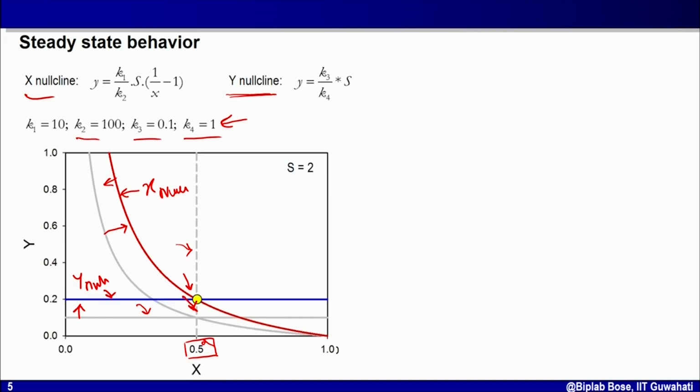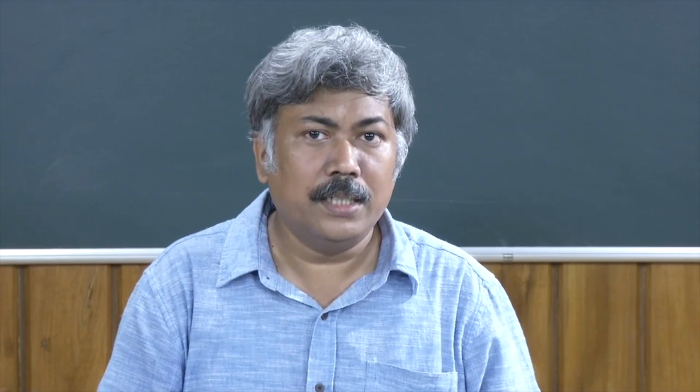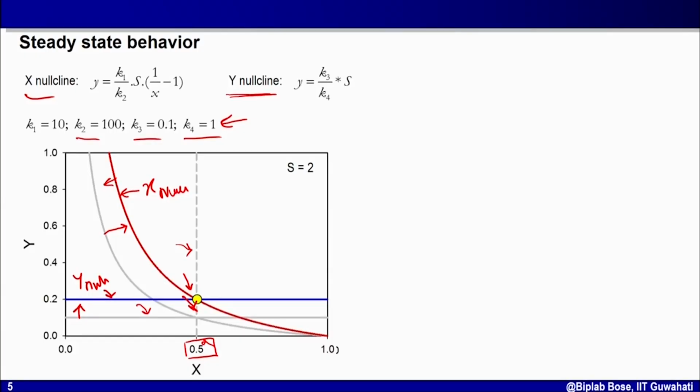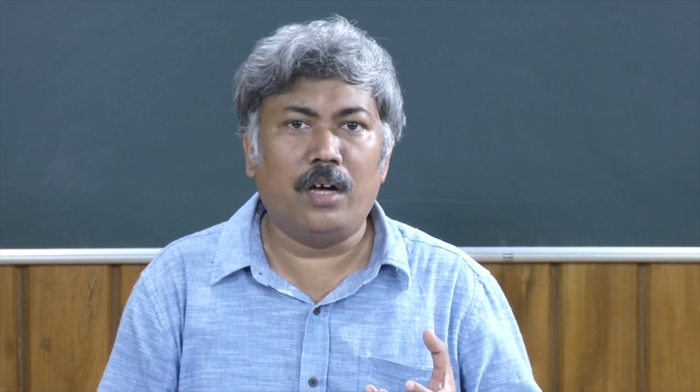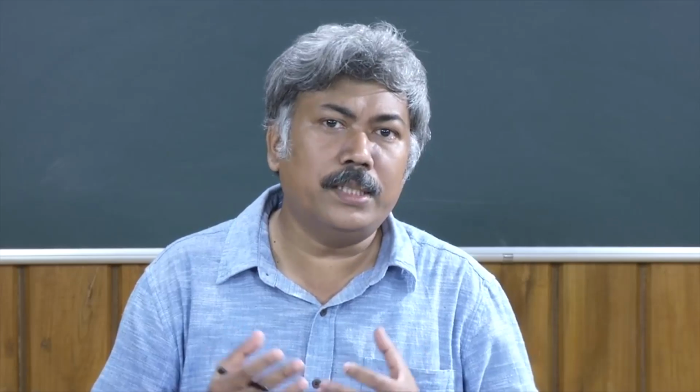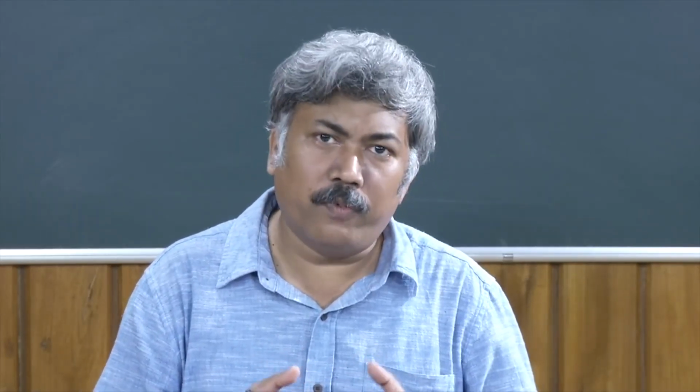That means the steady state value of x does not depend upon the input signal. Now, if I consider input signal S and steady state value of x as output, then I can say that the output is independent of the input signal. I will explain this further.